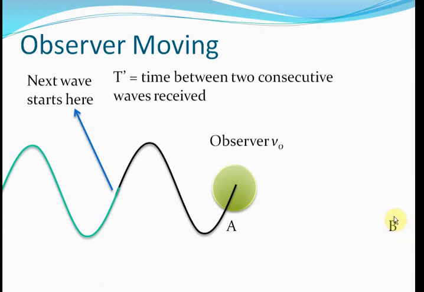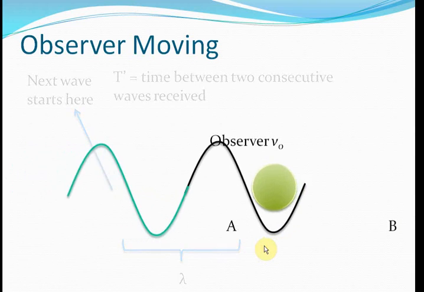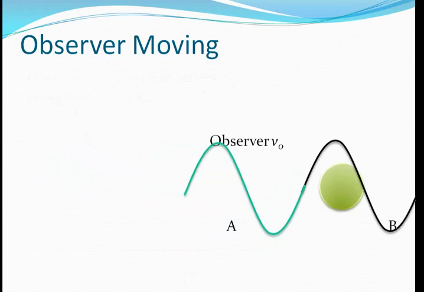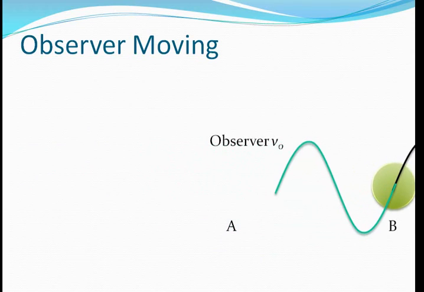Point B is the point where the observer receives one wave completely. So you see, at B, the observer has received one wave completely and is just about to receive the next wave.